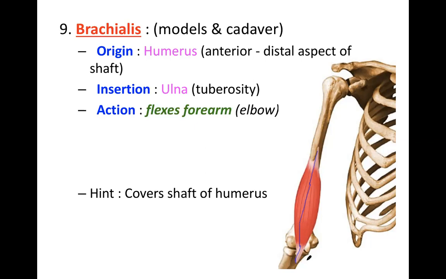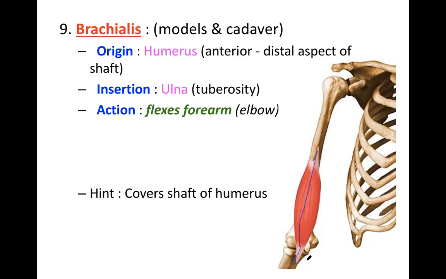So it's a really great straight elbow flexor, whereas the biceps brachii works really well if you have your forearm moving from a pronated to a supinated position. If you're rotating your forearm outward from a pronated to a supinated position, the biceps brachii works really well for that motion because it's attaching to that rotating radius.